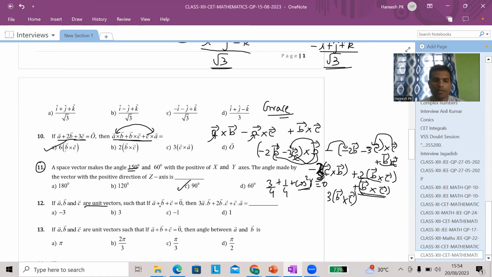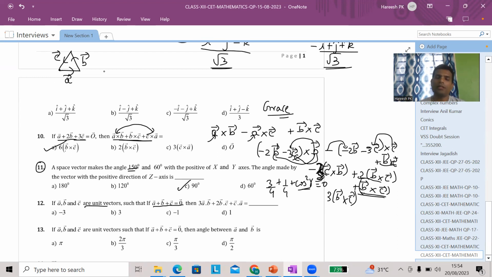And whenever you hear A plus B plus C is 0, immediately you should understand vector A, vector B, vector C can form 3 sides of a triangle in cyclic order, because when you take them in cyclic order and add them, you come back to the same point. So combining these two conditions, on one hand, ABC forms a triangle, and on the other hand, they have equal lengths. So that means ABC is an equilateral triangle.